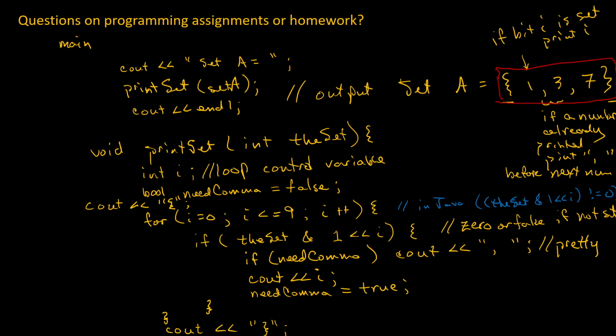Okay, so let's see where we're at here. I'm assuming you're reading in the values okay? Yeah, when I read that, it's all fine right here. This is okay. It sets the bits to be the right bits. But the problem is that when I call print set, it only ends up printing empty.